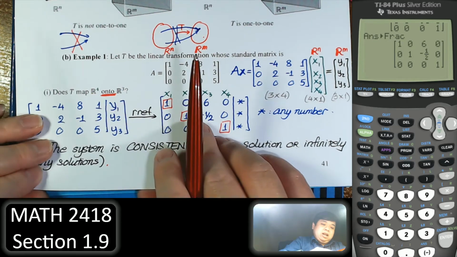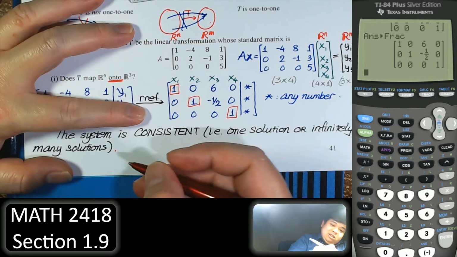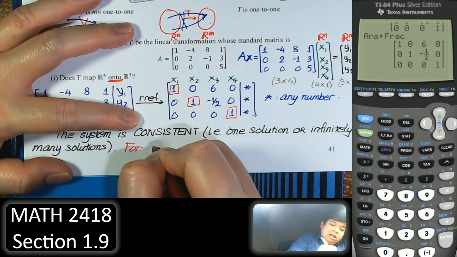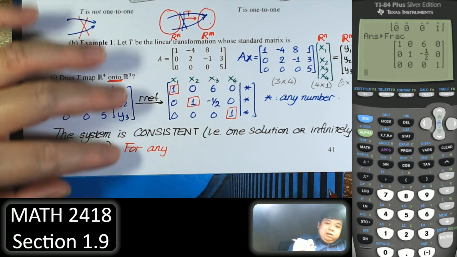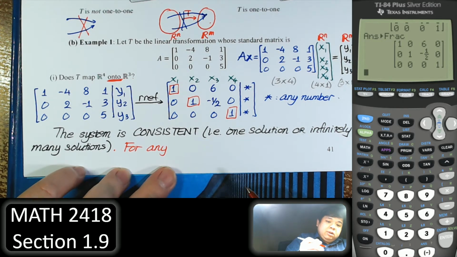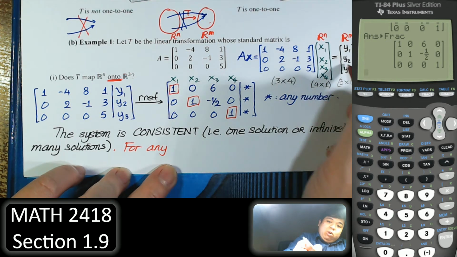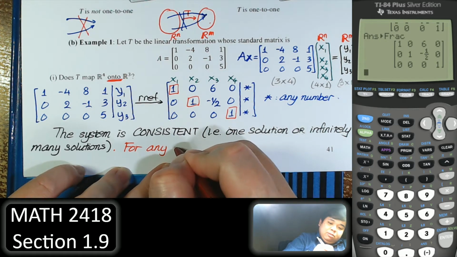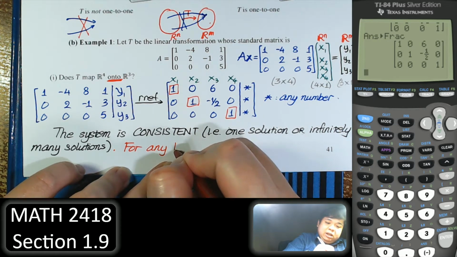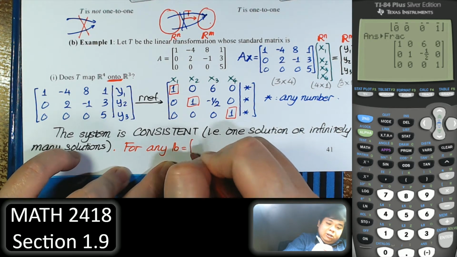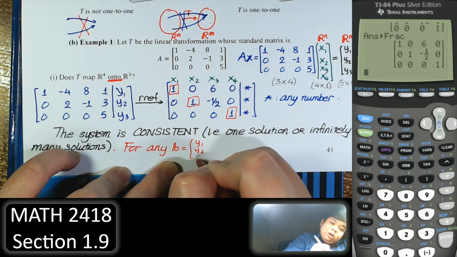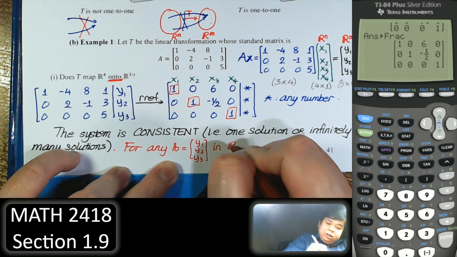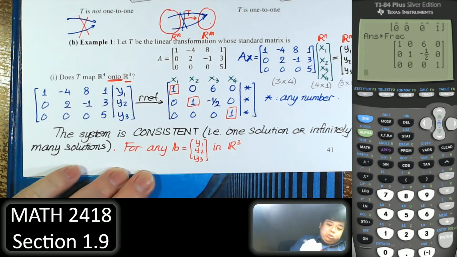So I will say it doesn't matter, or I should say for any point y1, y2, y3, or we say any b in R3. Now this is onto R3.